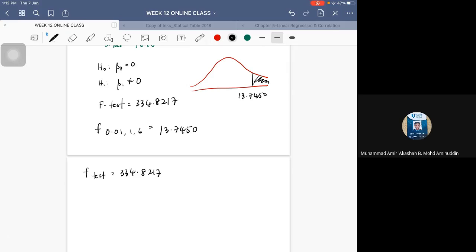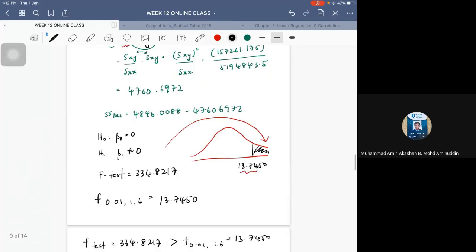Going to reject. Exactly. This is a very big value. 334 is so much bigger compared to 13. So the F-test is going to be so much bigger than F0.01,1,6, which is equal to 13.7450. So this is going to be a definite rejection of H null.